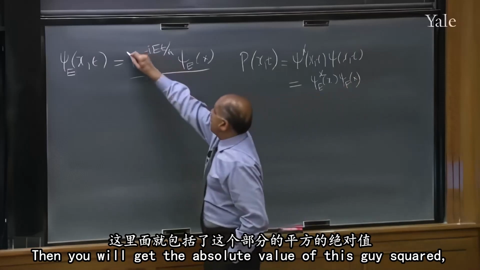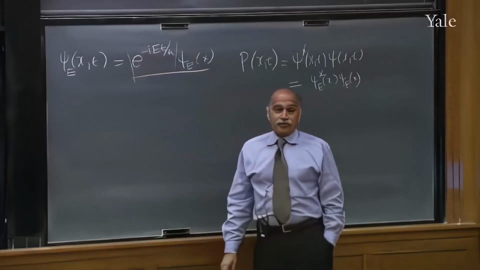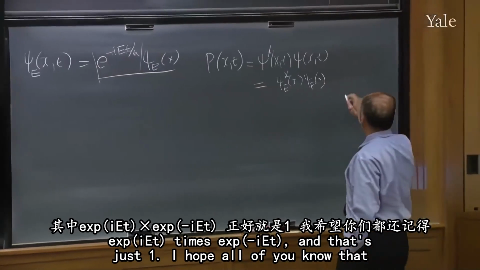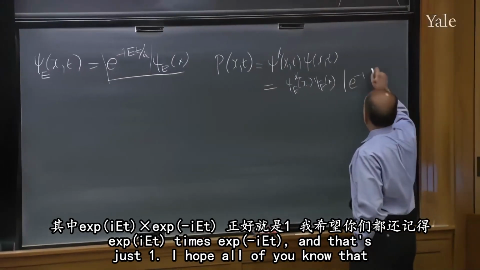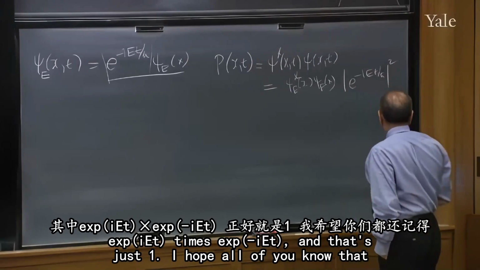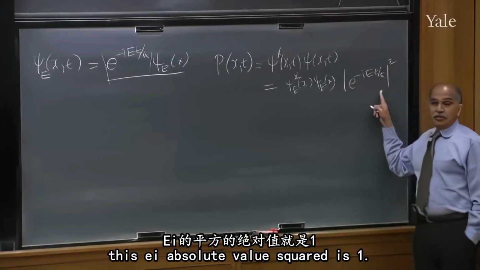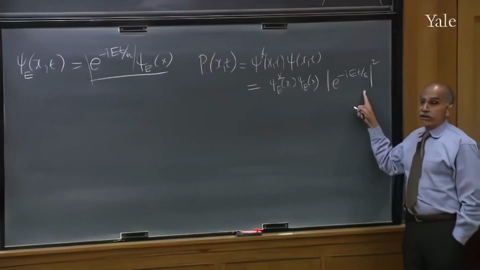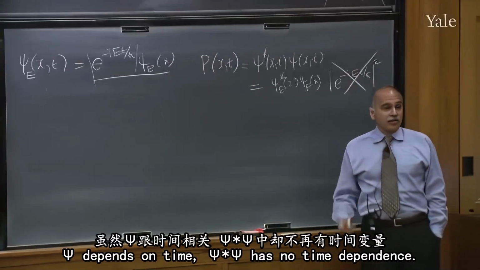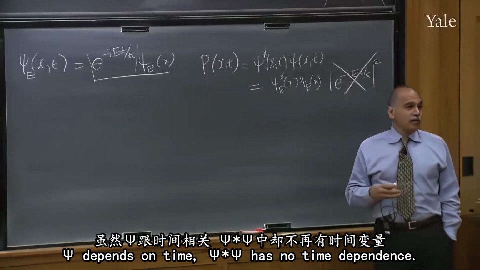Then you will get the absolute value of this guy squared, e to the iEt times e to the minus iEt, and that's just 1. I hope all of you know that this e to the i theta absolute value squared is 1. So it does not depend on time. Even though psi depends on time, psi star psi has no time dependence.